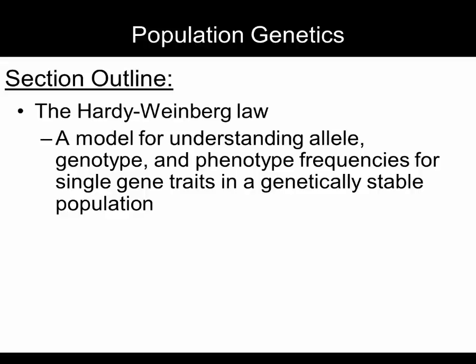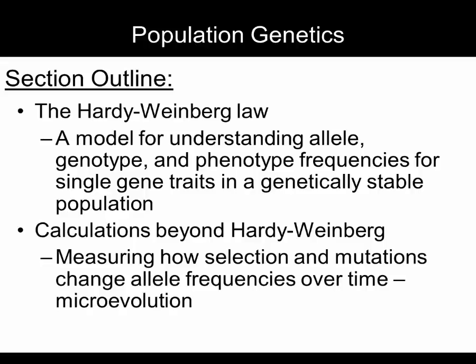However, a genetically stable population is not evolving, so we'll see how forces such as selection and mutation change allele frequencies over time. This is known as microevolution. Microevolution may seem insignificant compared to the variation between species, but such large-scale changes, or macroevolution, is simply the accumulation of many smaller events over millions of years.